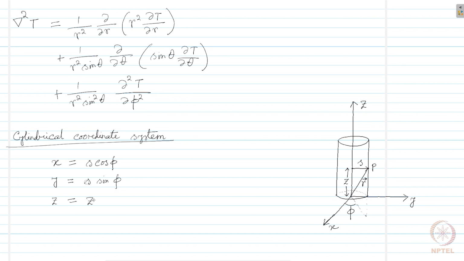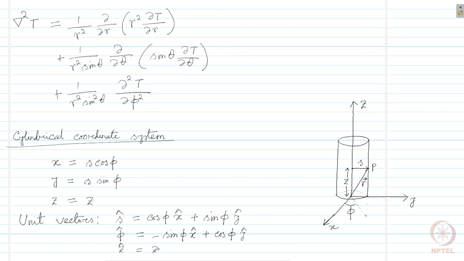The unit vectors can be given as s cap equals cosine phi x cap plus sine phi y cap, phi cap equals minus sine phi x cap plus cosine phi y cap, and z cap is certainly equal to z cap in Cartesian coordinate system. So, these are the unit vectors.